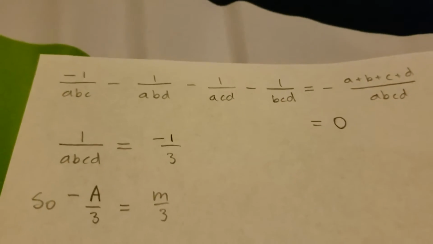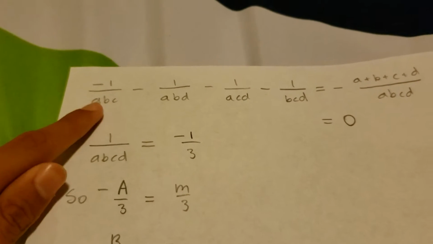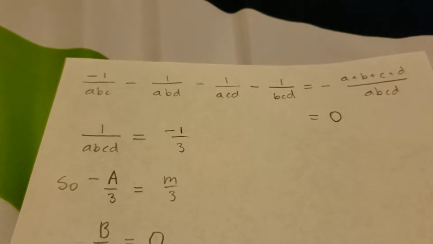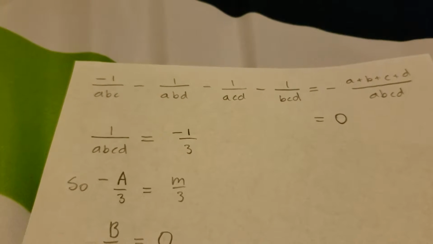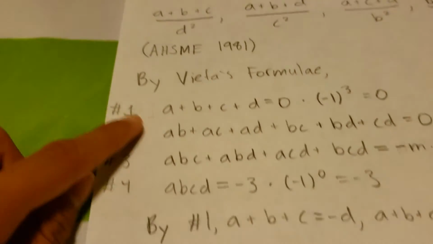So moving on to our next expression, we have negative 1 over ABC minus 1 over ABD minus 1 over ACD minus 1 over BCD is equal to, well, this time we use equations 1 and 4.